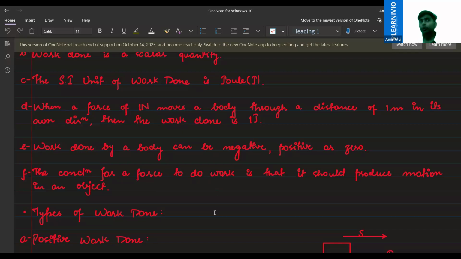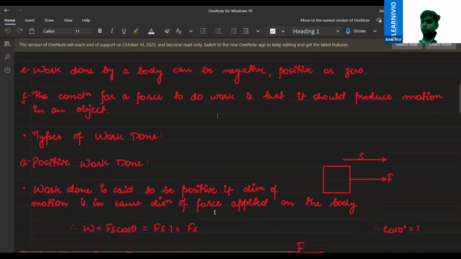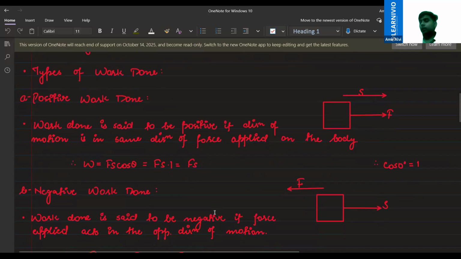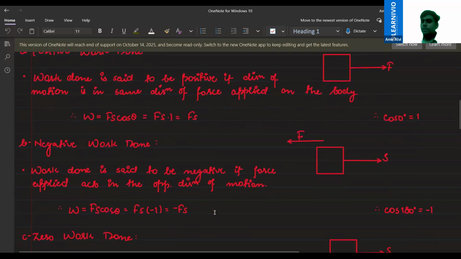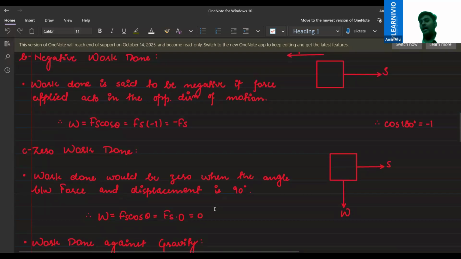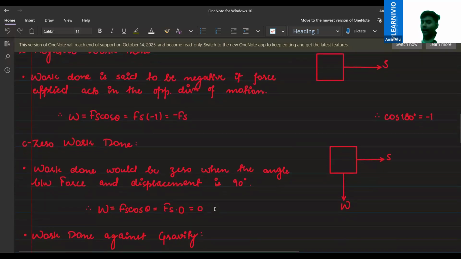So work done is positive if both quantities are in the same direction, negative if they are in opposite directions, and zero if the angle between the force and the displacement is 90 degrees. I hope it's clear. Yes, sir, it is.